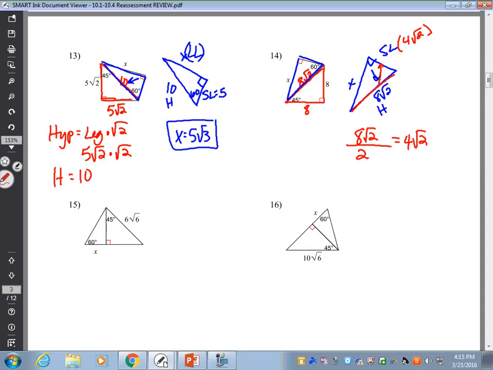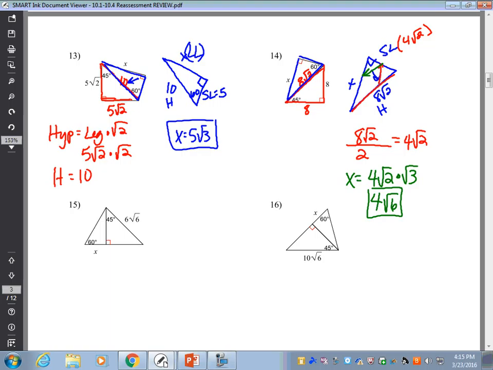And now to take that short leg and go to the long leg, I'm going from a short to a bigger part. Now I'm doing, yes, multiplication. So X would be that short leg, 4 square root of 2, times the square root of 3, which now gets simplified to 4 square root of 6. Okay, because the 2 and 3 can multiply together because they're both inside.